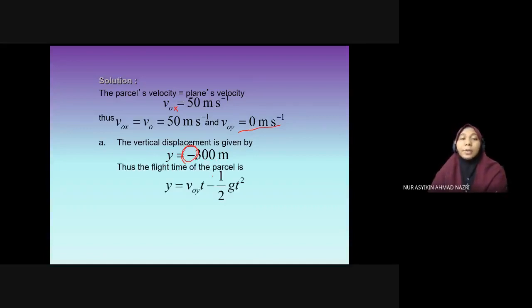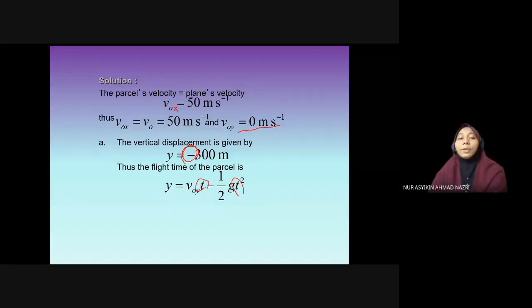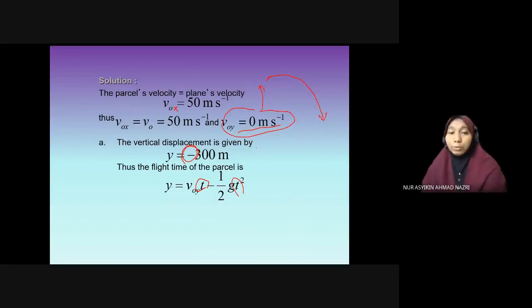Alright, so the flight time. Okay, so we can use this equation sebab kita nak cari time kat sini. Okay, so the information that we have is ni. Sebab bila kita ada ni tadi yang Vy kita cuma ada yang ni initial. Final ada. So that's why kita tak boleh guna equation yang lagi satu tu.